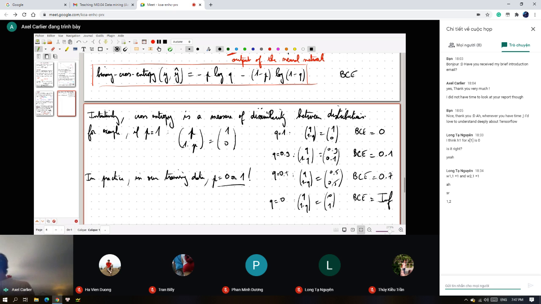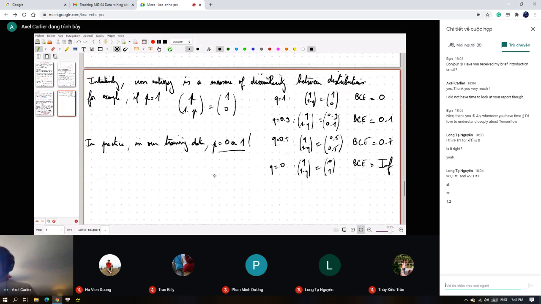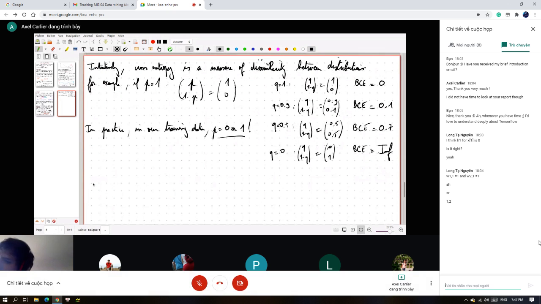Just a last comment on the multi-class cross entropy. So this is the binary cross entropy, and now multi-class classification.